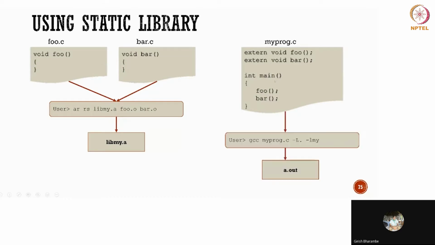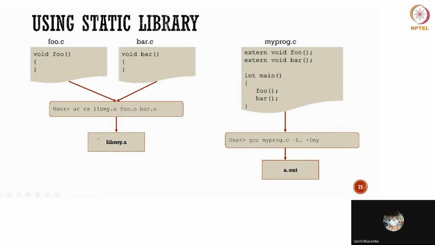The way I would do that is I will do gcc myprog.c. I have to tell the linker where the static libraries are present using -L path, right? So I'm saying it is present in the current directory, and the library name is -l my. The lib prefix is omitted when we give -l, and the naming convention is fixed.